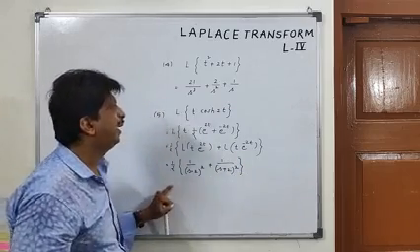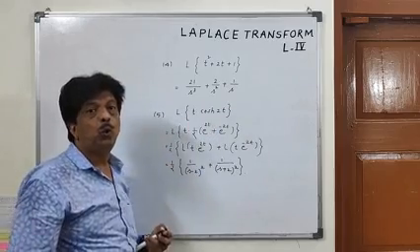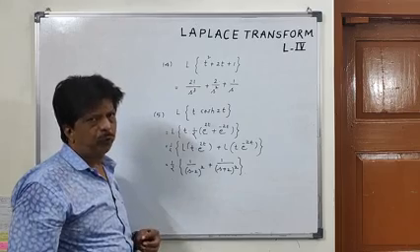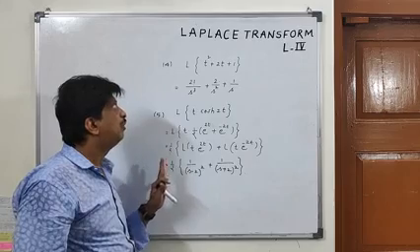So that is the Laplace transform of t into cos h of 2t.